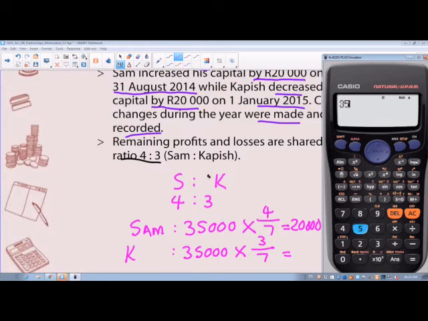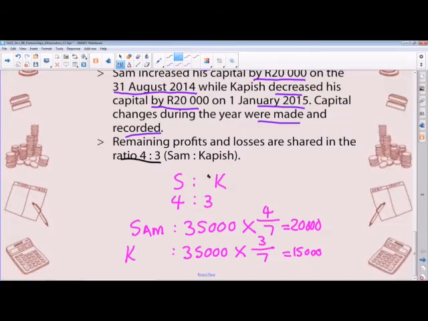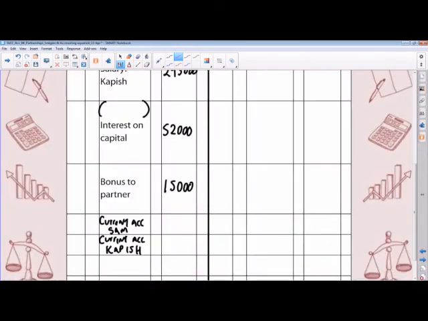So 35,000, again divide that by 7, times that by 3, and his share is 15,000. Right, and always double check. So 20,000 plus 15,000, I've just shared the 35,000. So let's enter this in our ledger account. Partner Sam, his share was 20,000. And partner Kapish, his share was 15,000.